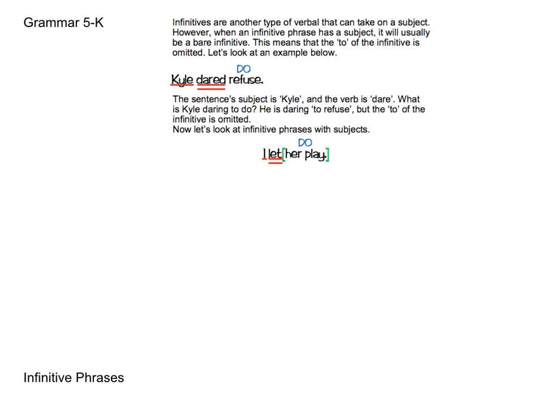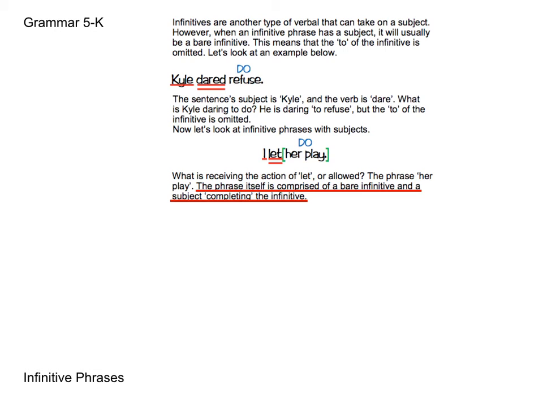And her is the person completing the infinitive, the action of the infinitive. So if we look at it by itself, it's just like a simple sentence, her play. Now notice, her is an objective pronoun. We're going to get to that in a few minutes. But this is the basis of an infinitive phrase with a subject and a bare infinitive.